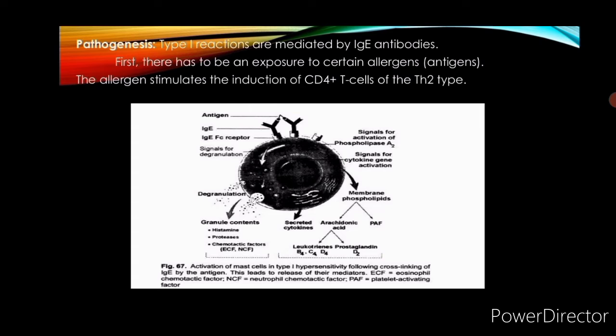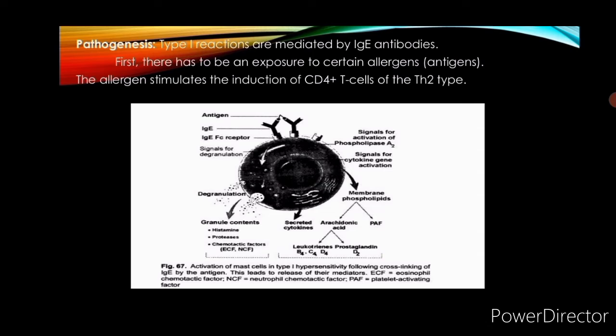These CD4 plus cells play a critical role in the development of type 1 hypersensitivity because the cytokines they emit drive B cells to produce IgE and act as a growth factor for mast cells.